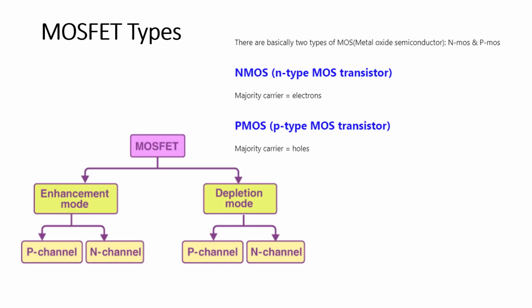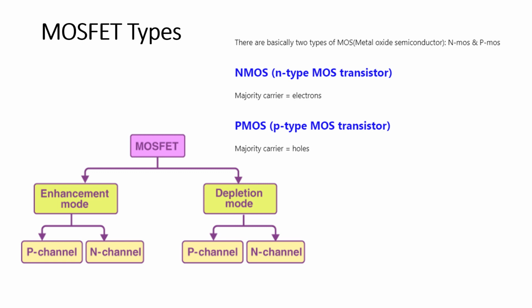Next, what are the MOSFET types? There are basically 2 types of metal oxide semiconductor: the N-channel MOSFET and the P-channel MOSFET. When you say NMOS, the majority carriers are electrons, and when it is PMOS, the majority carriers are holes. Also, a MOSFET can be classified as enhancement mode and depletion mode.